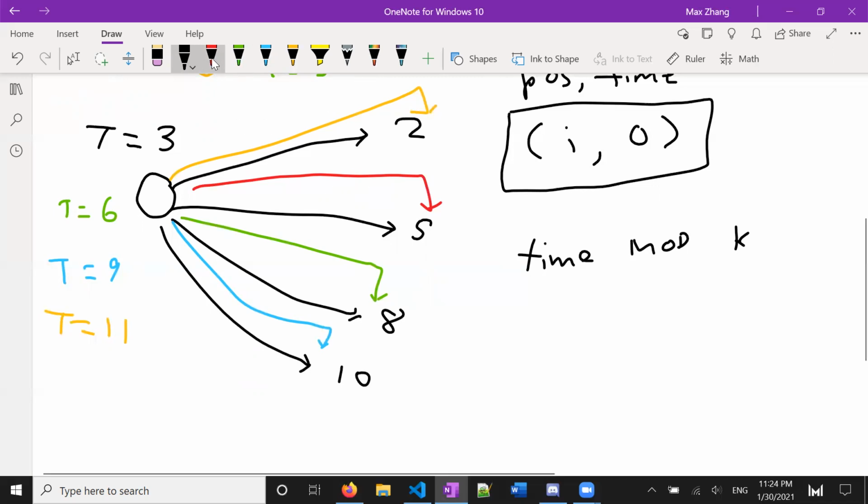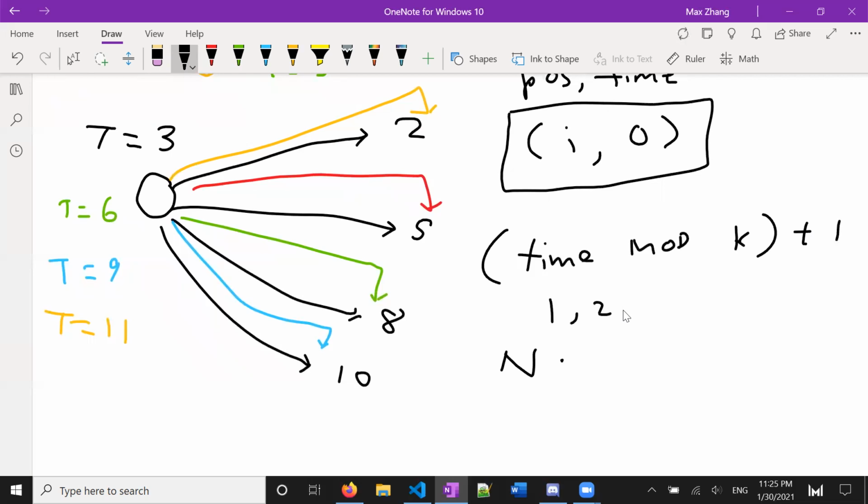And so what is the complexity of this solution? Well, how many nodes are there? How many position-time pairs are there? Well, the number of positions is n. The number of times is the number of different values of time mod k, and actually this should be time mod k plus 1, right?